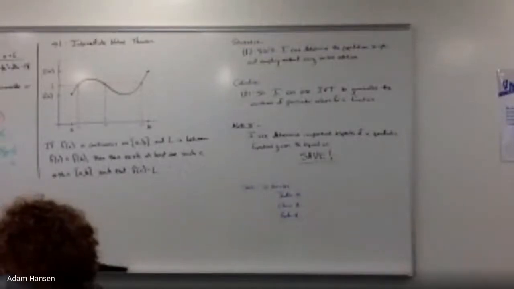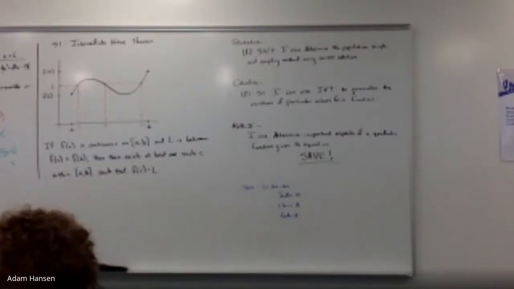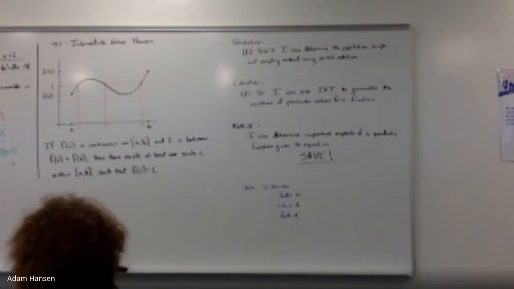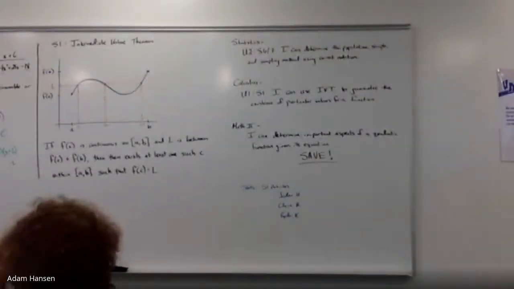Now by IVT, intermediate value theorem, there's at least one value c between the interval a to b that will map the function onto n. Let's figure out what that is.